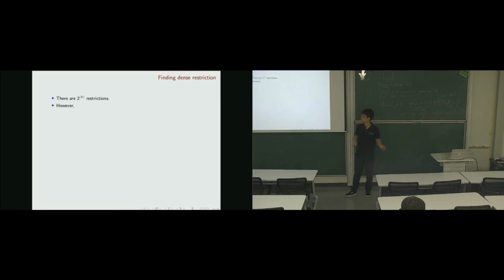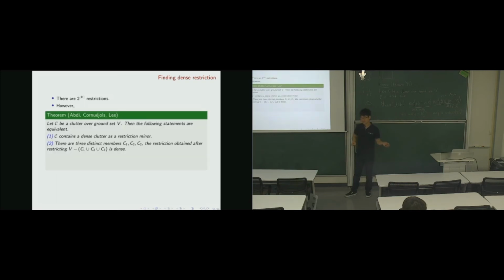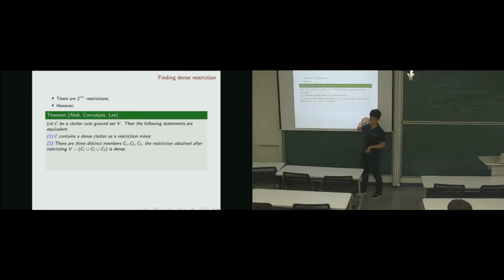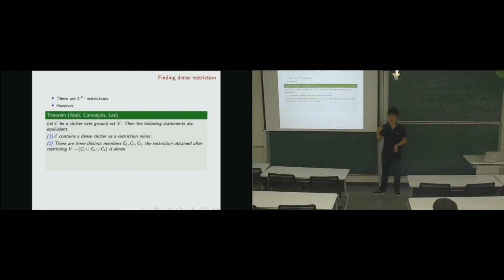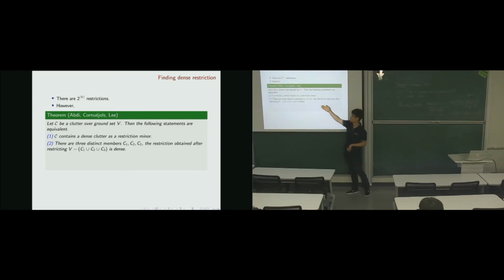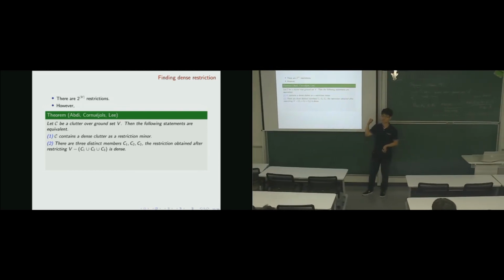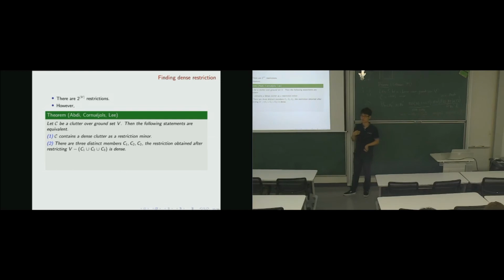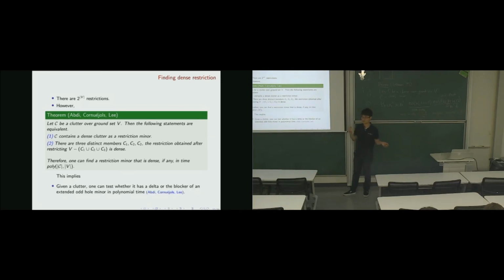But if you have a dense clutter as a restriction minor, then there is always a small certificate. Basically, you can find 3 rows that will guarantee that there's a dense restriction. Okay. So this will give us a polynomial time algorithm. Okay.